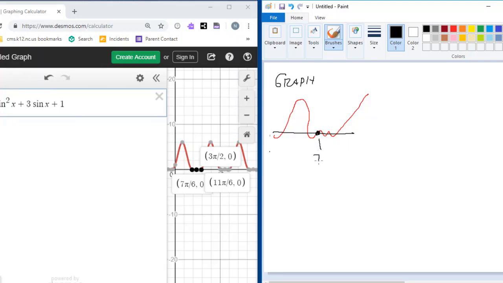That would be 7 pi over 6, 0, 3 pi over 2, 0, and 11 pi over 6, 0. And that's just a quick way you could solve that problem.